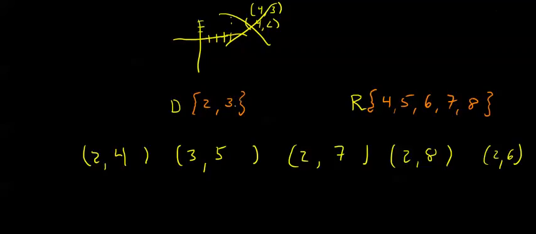Because I only have 2 choices for the first coordinate, 2 and 3, the other points, when x is 2, I can only have one answer. And here I have 4 different answers.